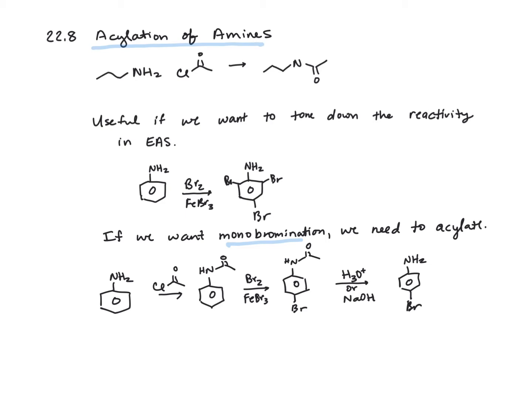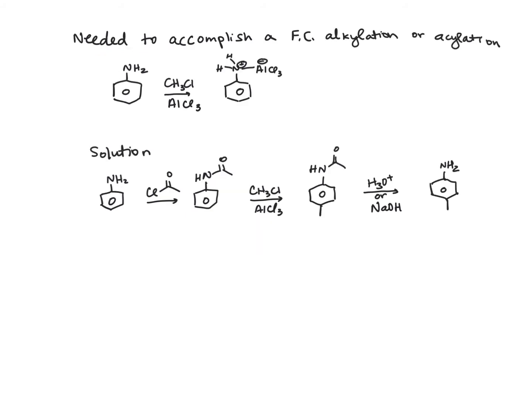So first we're treating the amine with acid chloride to form the amide. We then do a bromination, which now that the reactivity is toned down, only gives the para-substituted product. And then finally we use acidic water or sodium hydroxide to remove that amide group through hydrolysis to get to aminobromobenzene.